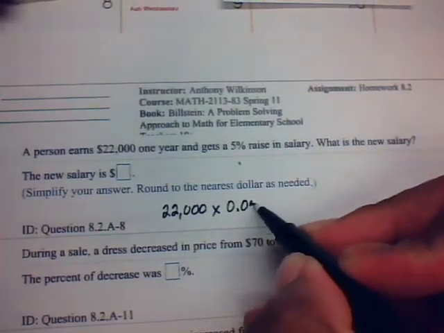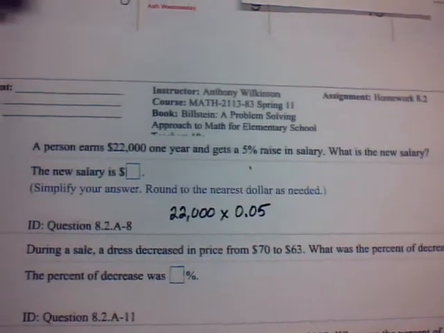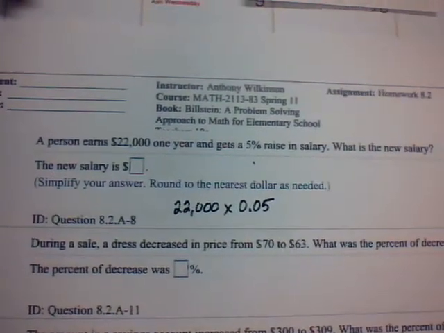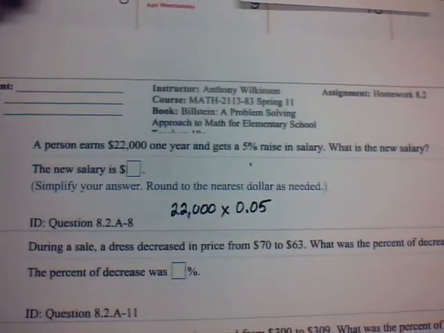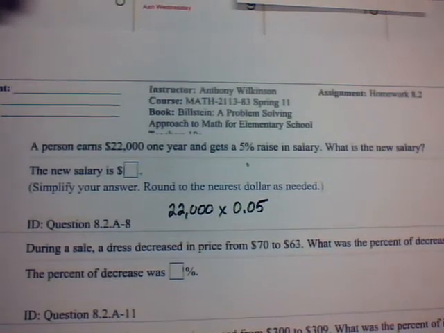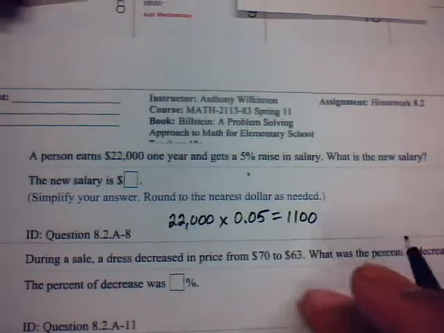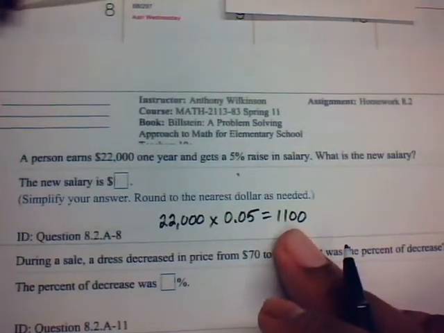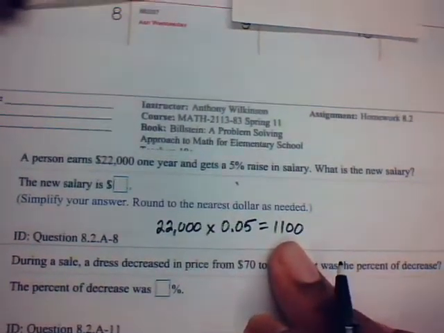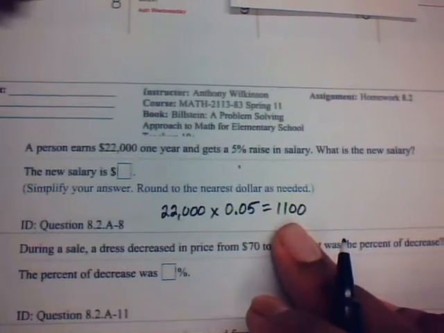And 5% as a decimal is 0.05. So 22,000 times 0.05 gives you 1,100. Now that's the amount of the raise.